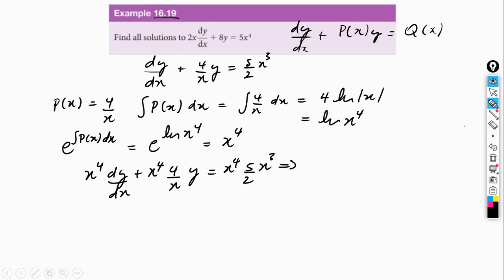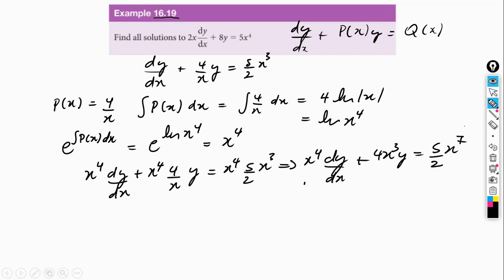And then this is going to give us x to the 4 times the derivative of y plus 4x cubed times y is equal to 5/2 x to the power of 7.